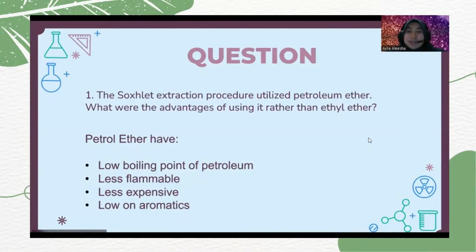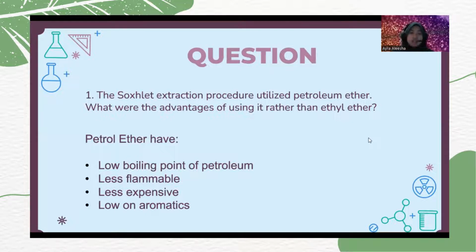My name is Aira Alisha binti Hafizah Hazmi, and today I will present for my group the question and discussion part 4. Firstly, the first question is, the Soxhlet extraction procedure utilized petroleum ether. What were the advantages of using it rather than ethyl ether? Firstly, petroleum ether has a low boiling point, and petroleum consists of pentane and hexane.